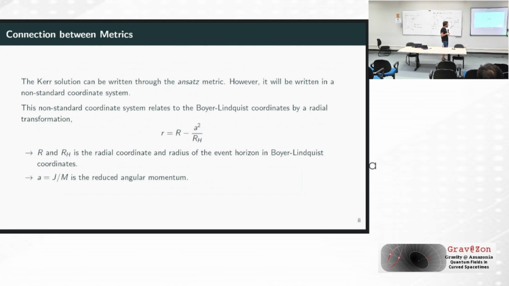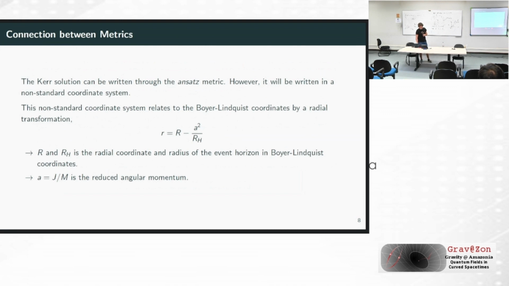Large R and large RH are the radial coordinate and the radial coordinate of the event horizon in Boyer-Lindquist, and a is just the reduced angular momentum. So you can do this type of coordinate shift to obtain the Kerr metric in Boyer-Lindquist.